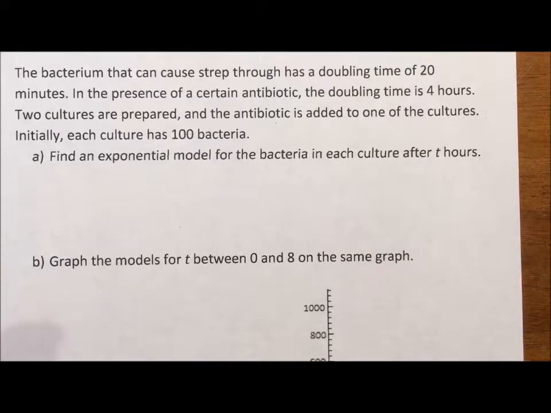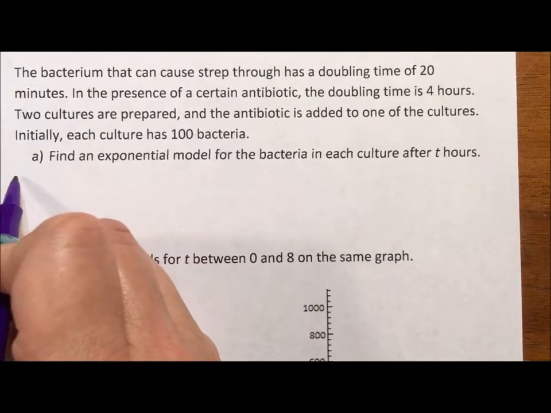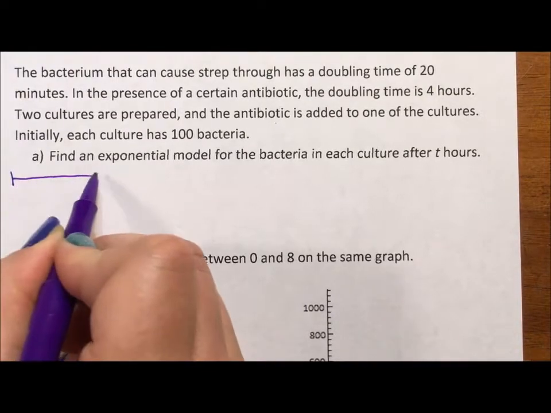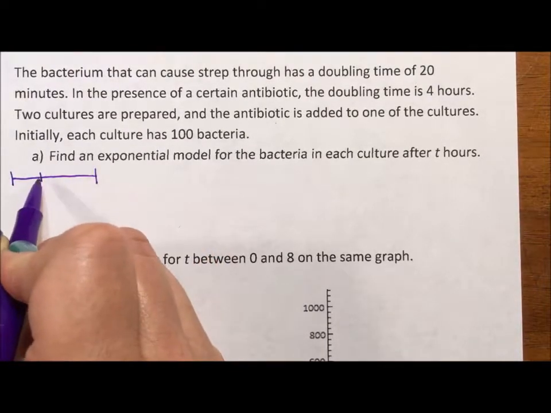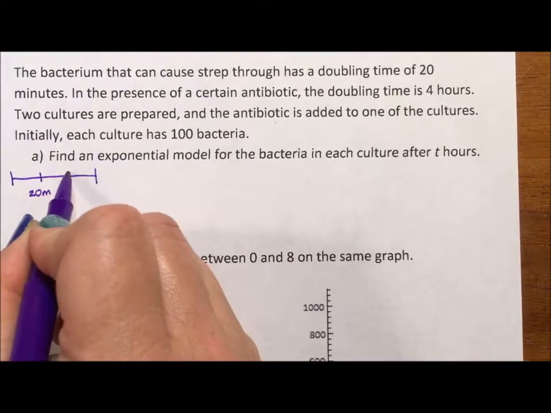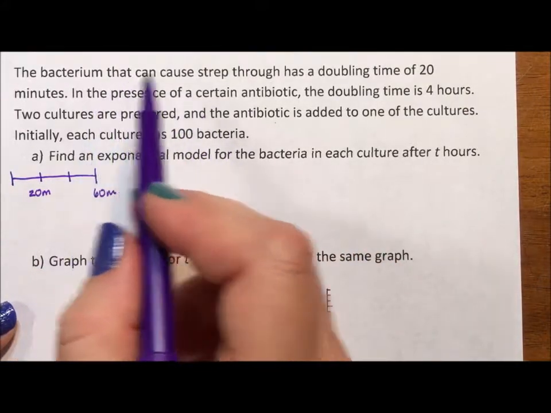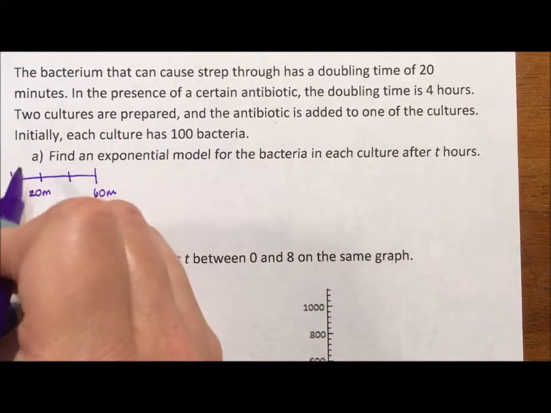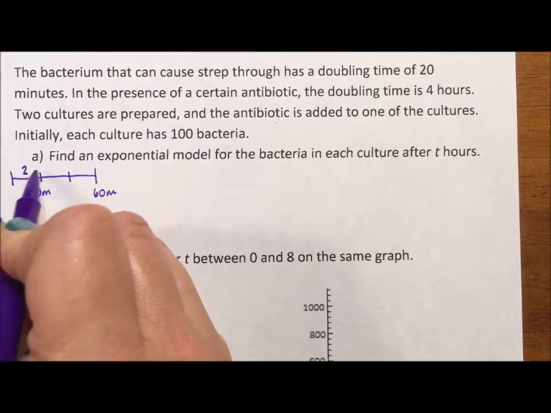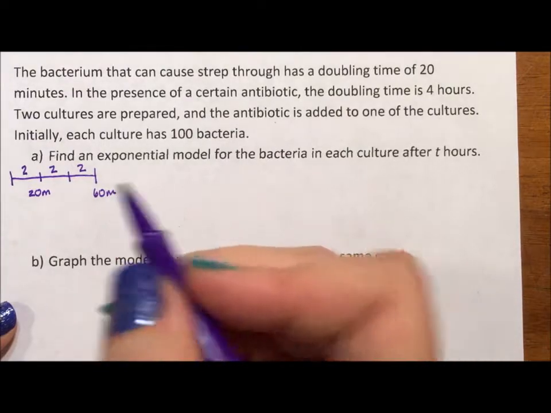So this is kind of interesting. For the first one, we want to get it to an hour, but we're told that the doubling time is 20 minutes. So 20 minutes, 40 minutes, 60 minutes. It'll double 3 times in an hour. And remember, exponential means we're multiplying.